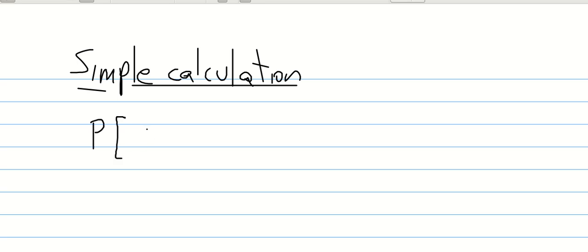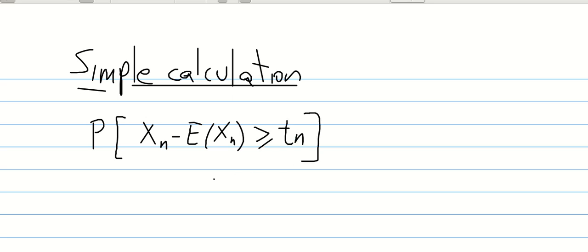So remember that before we were trying to bound xn minus its expectation being larger than, say, tn. And the way we did this was to square both sides of the inequality. Here we had before an absolute value, but let's not put it right now. We squared the absolute value and used Markov inequality.